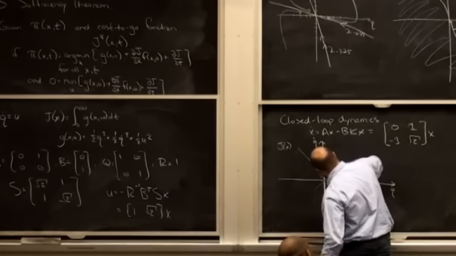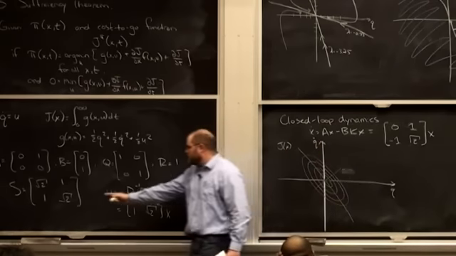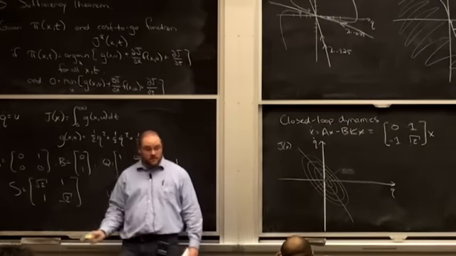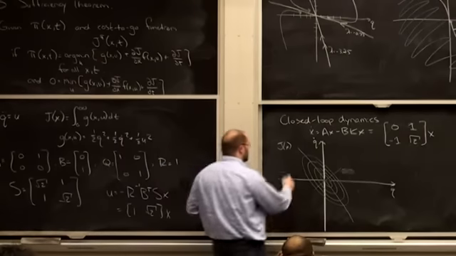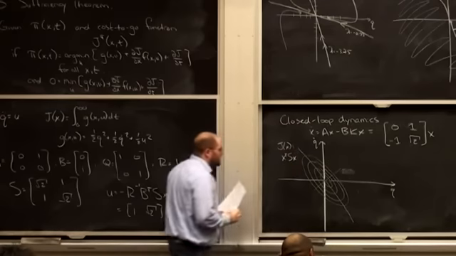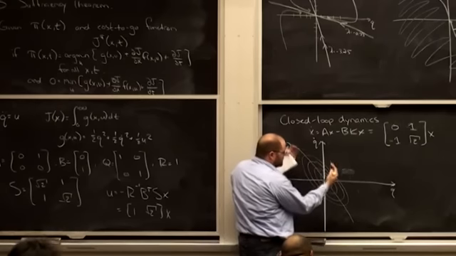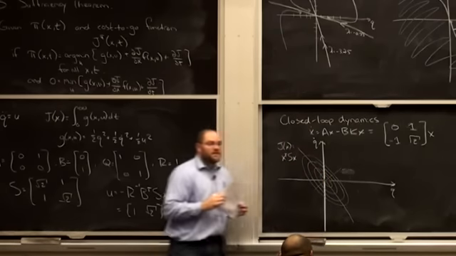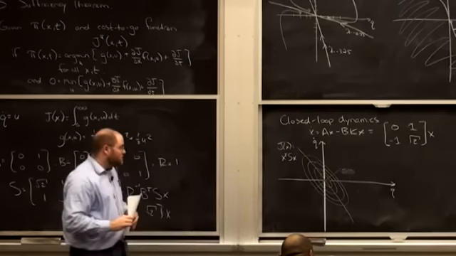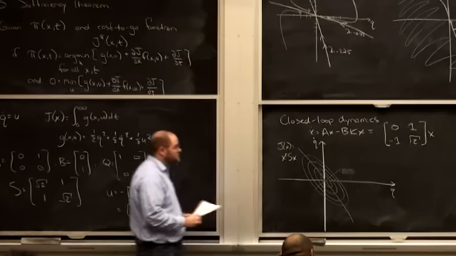If I draw contours of that function, that x transpose S x, then my cost to go is 0 here, and it's a bowl that comes up, an elliptic bowl.